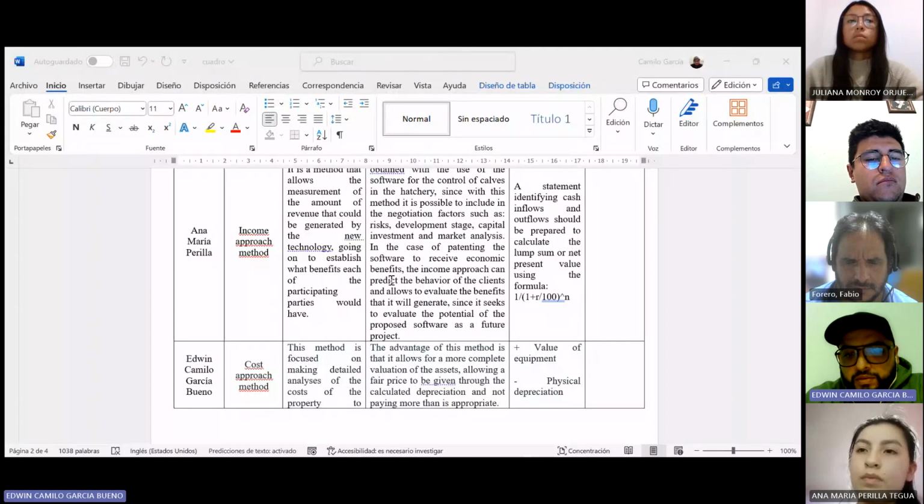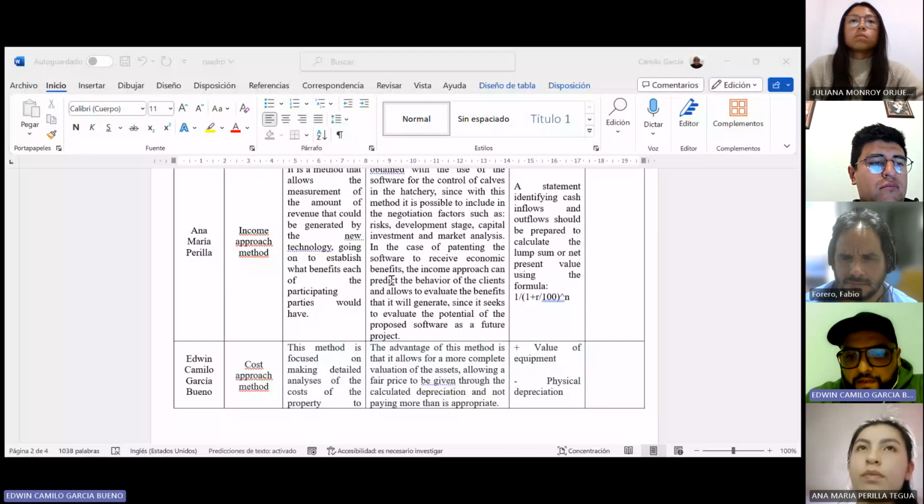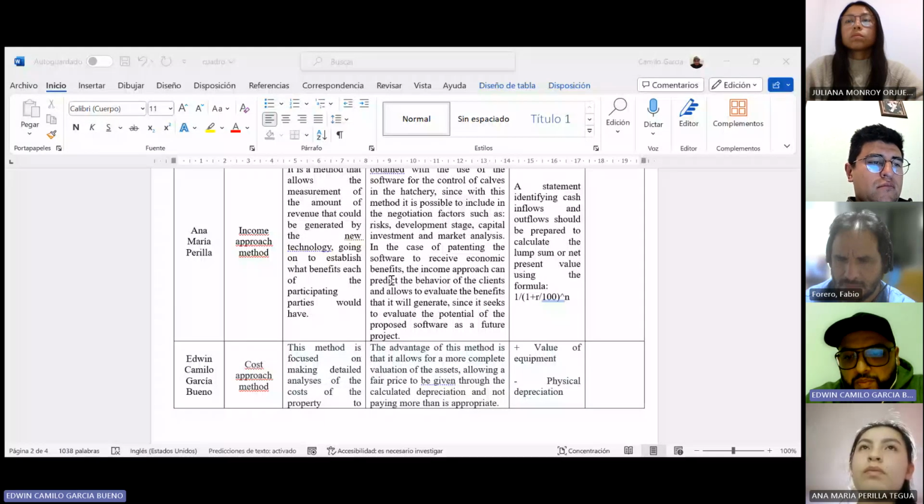Advantage of the method: it allows for a more complete valuation of the asset, allowing a fair price to be given through the calculated depreciation and not paying more than is appropriate.